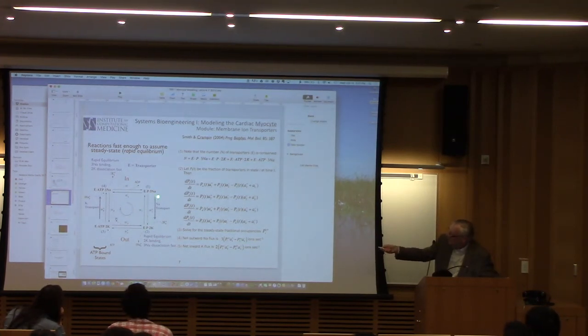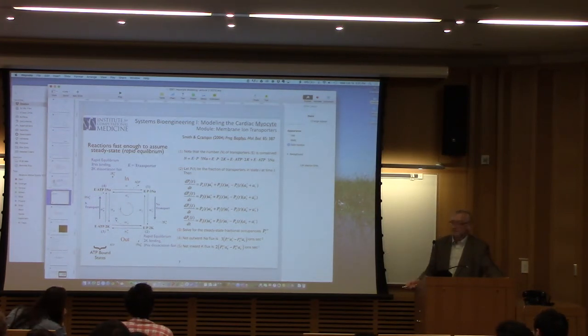So the net flux through this pathway is the net sodium flux through the pump. And we've already solved for P1 through P4, so we've got an equation for that net flux. And scaled by 3 because this pump is transporting 3 sodium ions each cycle.